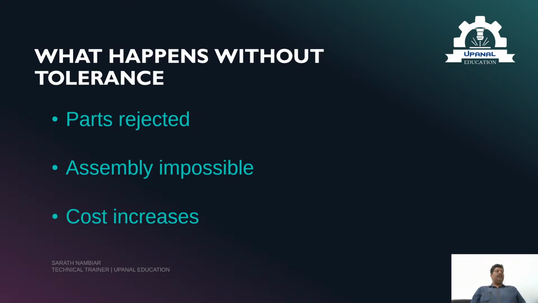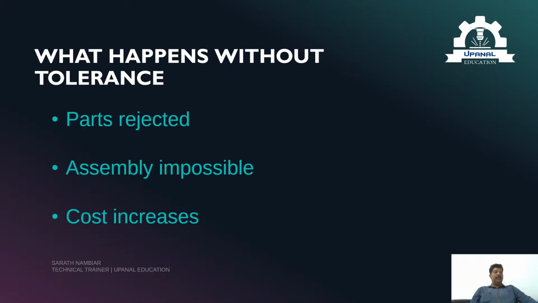Let us imagine a world without tolerance. Suppose the drawing says the size must be exactly 10 mm, not even 1 mm more or less. In real manufacturing, one part comes to 9.99 mm, rejected. Another comes 10.01 or 10.02, both rejected. Almost every part would be rejected, just like we said earlier.